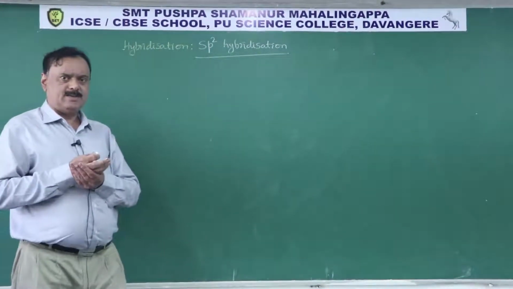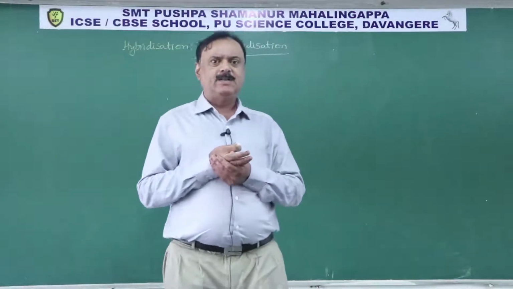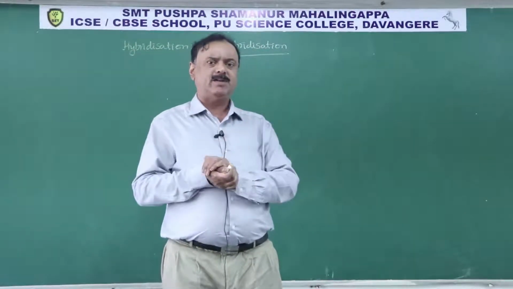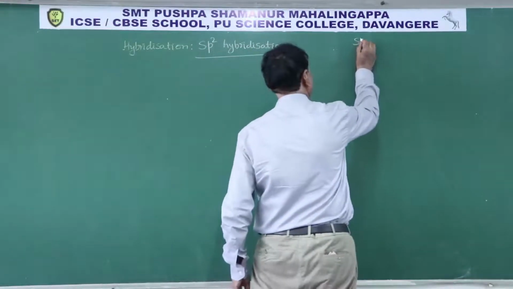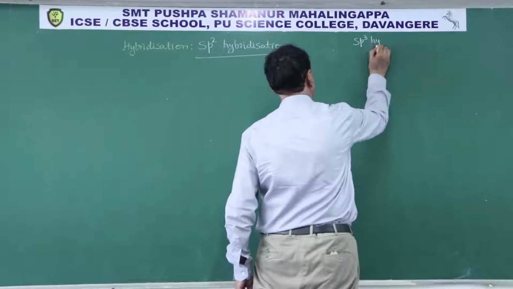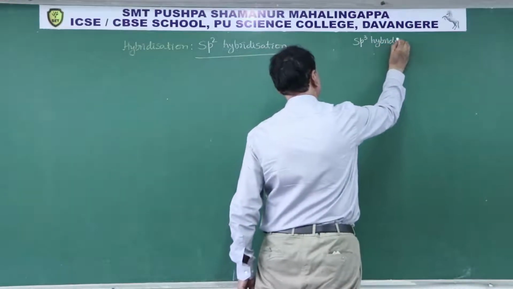In the last class we discussed sp3 hybridization, where the new equivalent atomic orbitals formed are 4. I mentioned sp3 hybridized atomic orbitals and sp3 hybridized molecules.